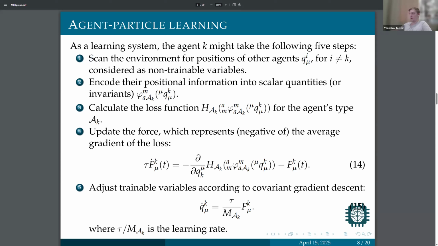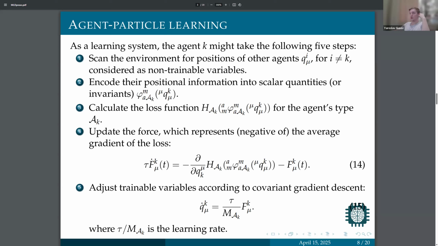This first step might be considered as boundary dynamics, so that the positions of other particles appear as the input layer of the corresponding neural network of this agent k. Then the second part is the encoder part. This is how this input data is processed by the agent, and this is how these phi are constructed through the positions of other agents, and also this phi.